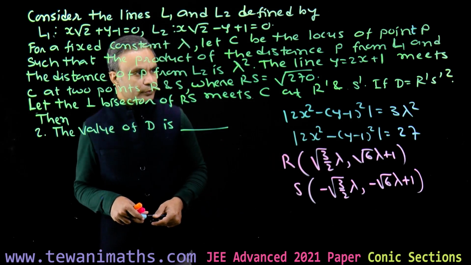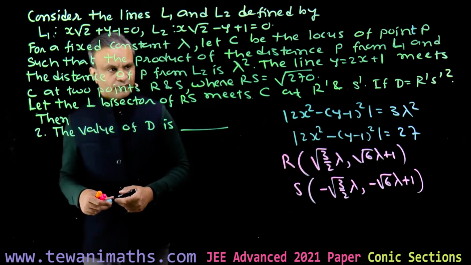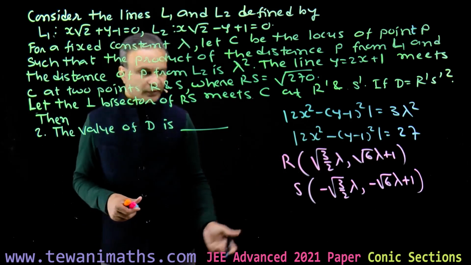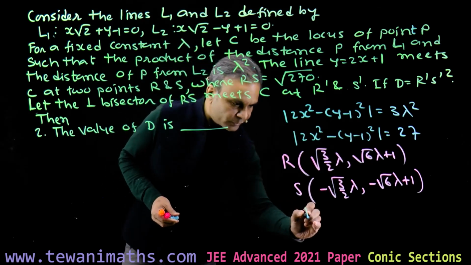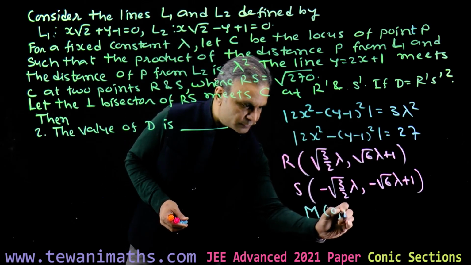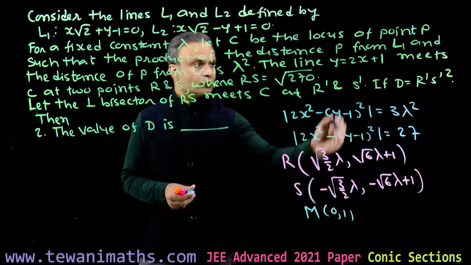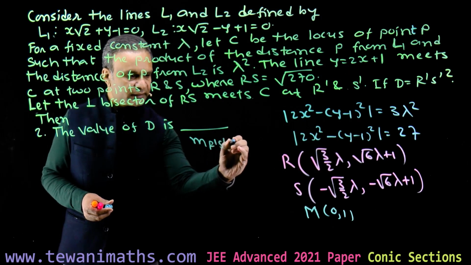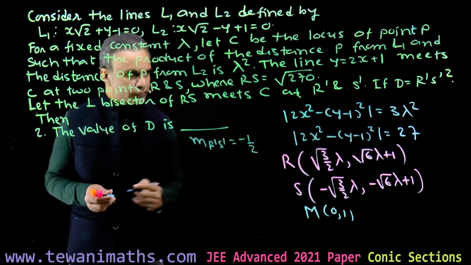Now the perpendicular bisector of RS will pass through the midpoint of RS. Coordinates of the midpoint of RS will be (0, 1). Slope of RS is 2, so slope of R dash S dash will be minus 1 upon 2.